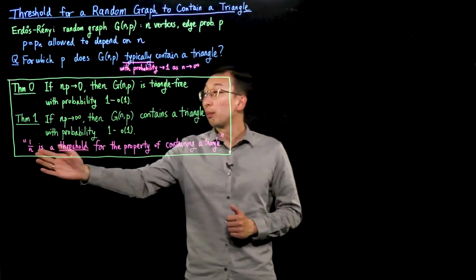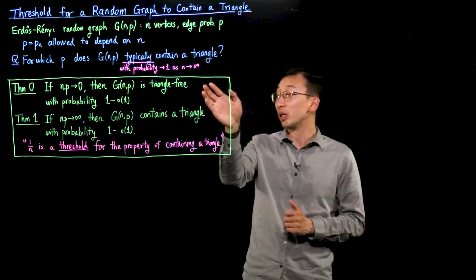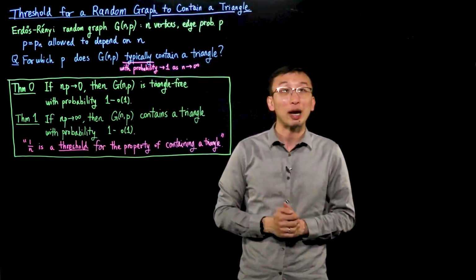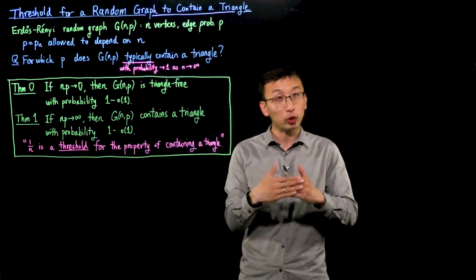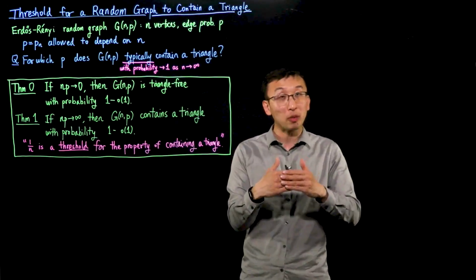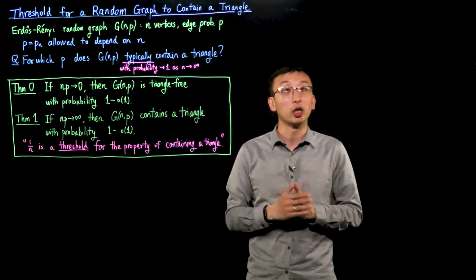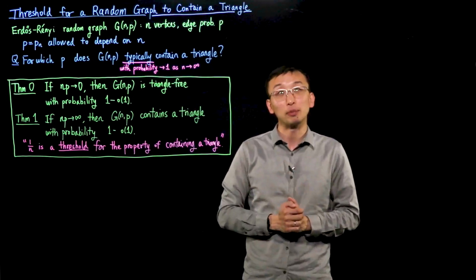Whereas if p is much smaller than 1 over n, in the sense of being in the Theorem 0 setting, then typically the random graph does not contain any triangles. So 1 over n is a threshold. Depending on whether the edge probability p is much larger or much smaller than 1 over n, we expect very different behaviors from the perspective of whether the graph contains a triangle.